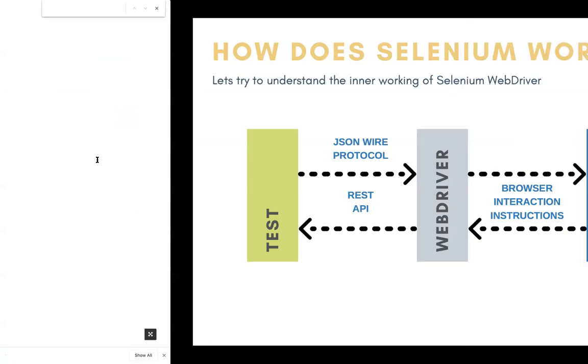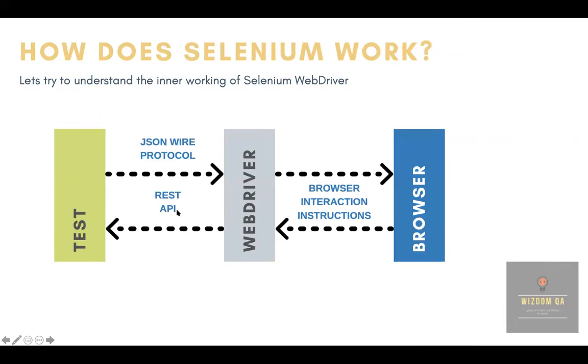So what happens here is when your test case runs, that click method that you are calling from your test will actually send the click information to WebDriver using a JSON request or as a JSON object, where it will mention what that click is all about.